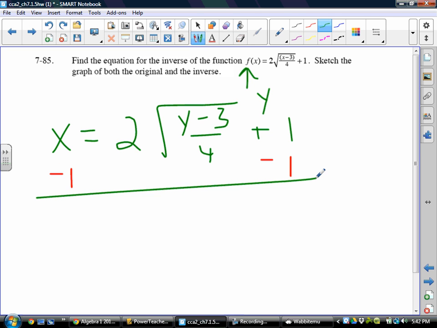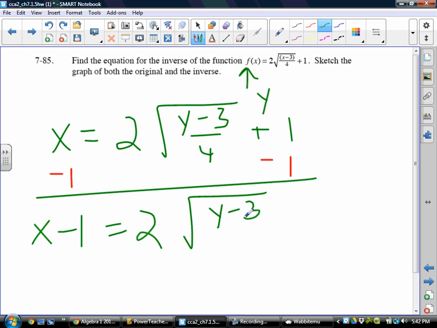Okay. So I have x minus 1 equals 2 times the square root of (y minus 3) over 4. Next step is to get my radical sign by itself. I'm going to have to divide by 2 to cancel this out.